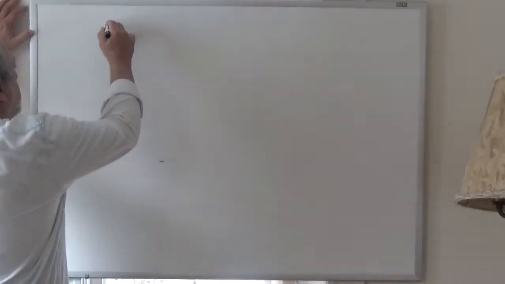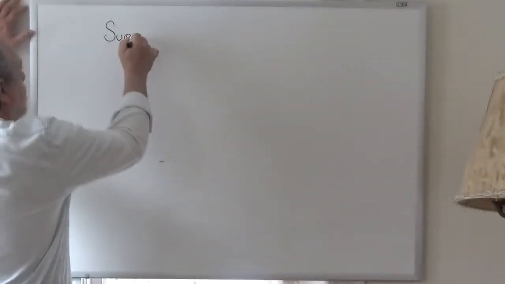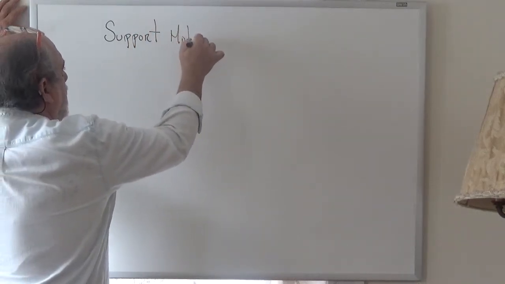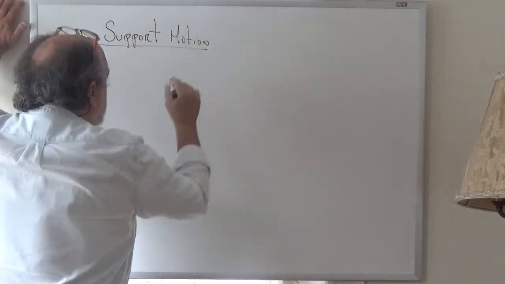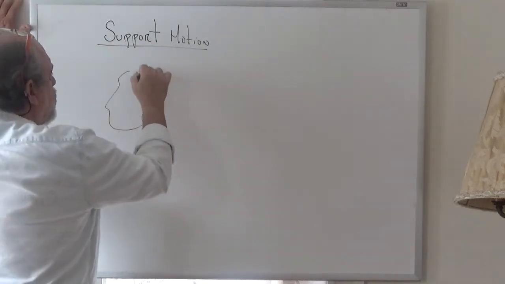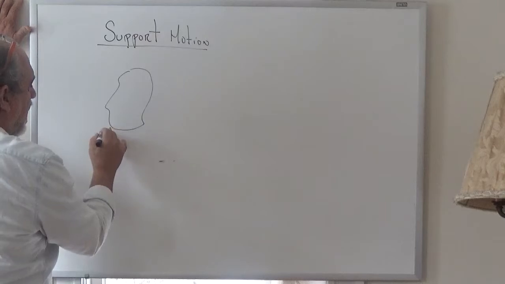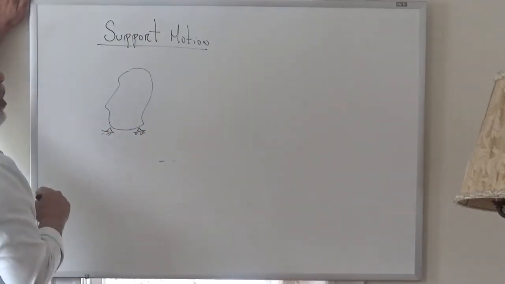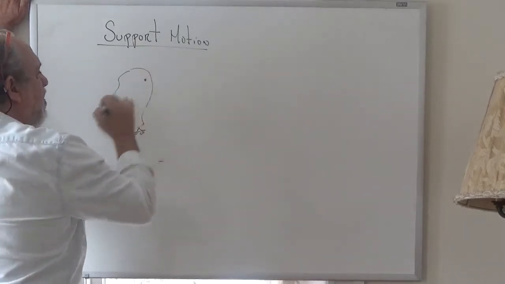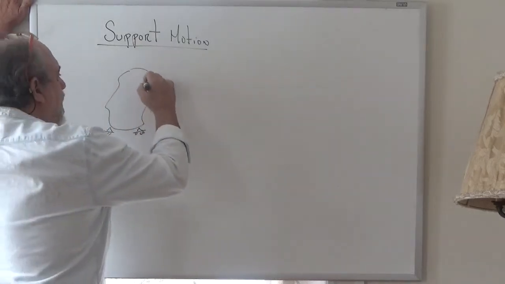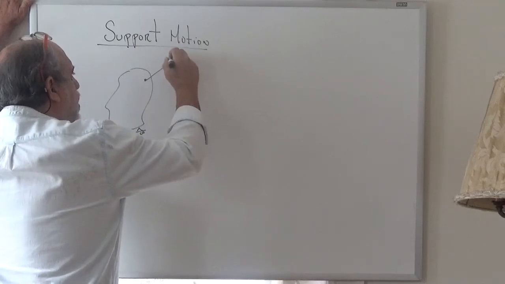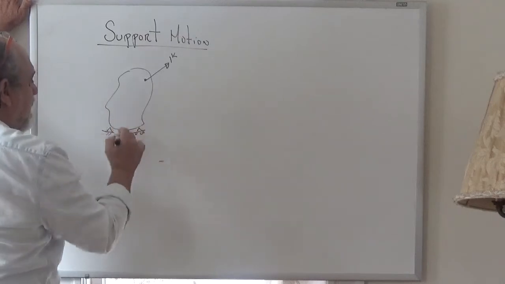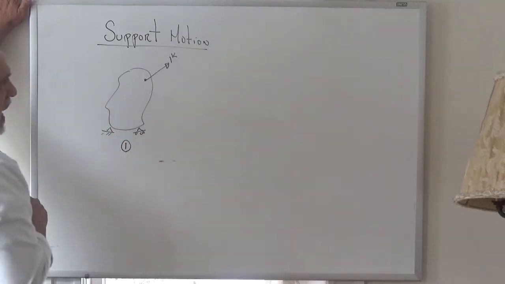We begin by saying that the procedure, of course, because we are using virtual work, remains exactly the same, in the sense that if I want to know the deformation at a given point in a given direction, I apply a unit load at that point, and that gives me my unit case, right?